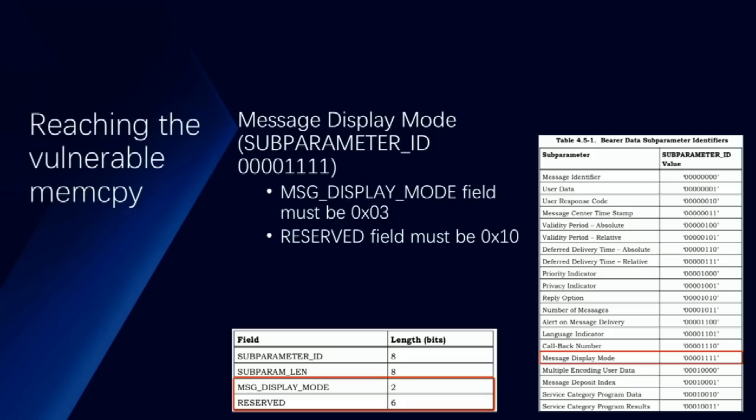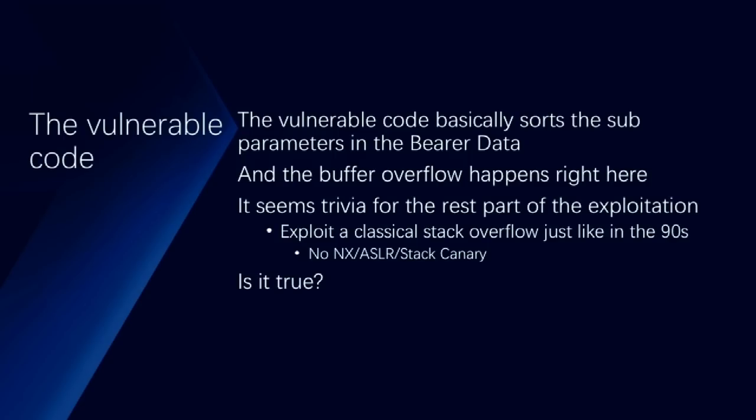It has many fields itself, and we have to set the message display mode to 0x03, which is 2 bits, and then we have to set the reserved field to 0x10. As you can see, the PLL message is actually a vendor-specific feature, so it is not in the specification. After we set all the fields correctly, it looks like we can reach that final vulnerable memory copy.